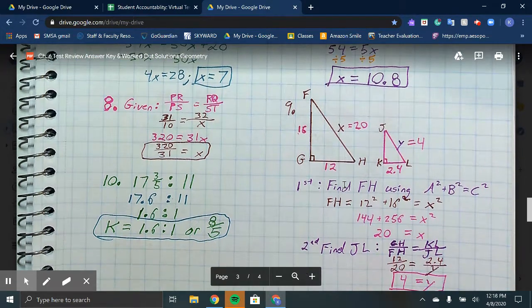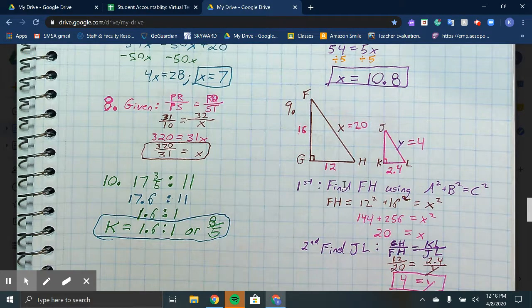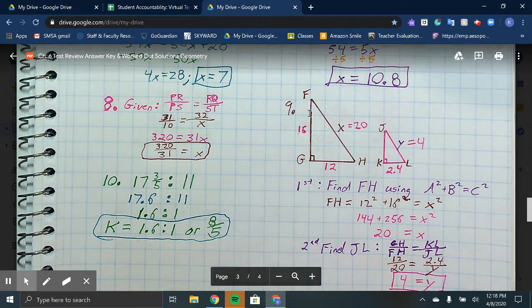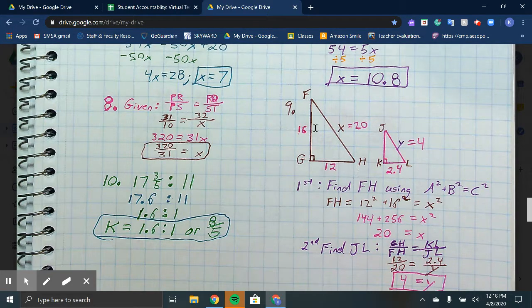Looking at number 9, they gave us information. What I did is took that information and drew pictures. So what we know is we had right triangle FGH, with legs of 12 and 16. So I just drew right triangle FGH, and labeled my legs 16 and 12.